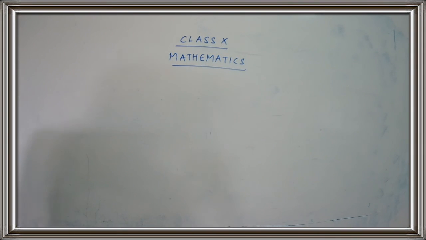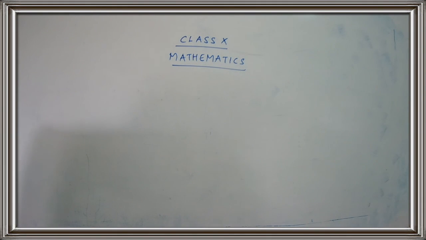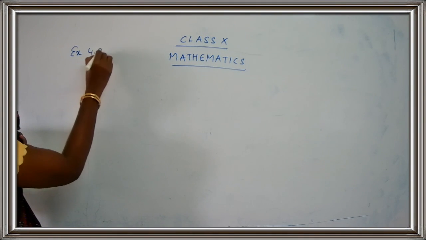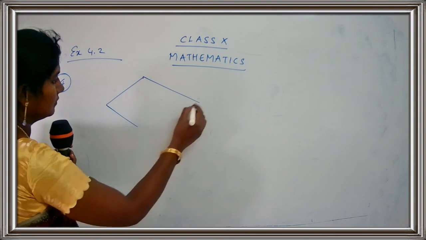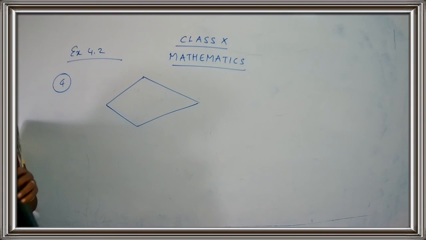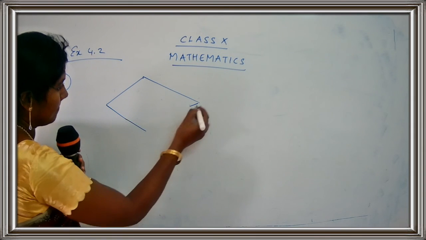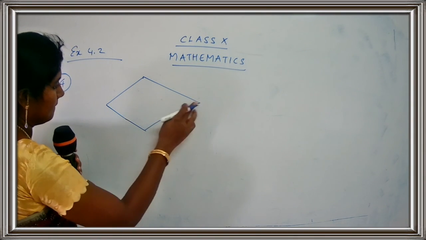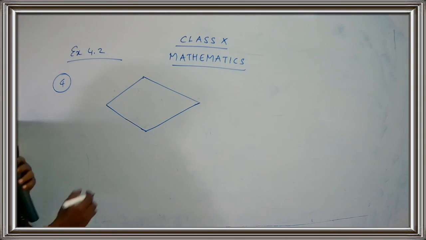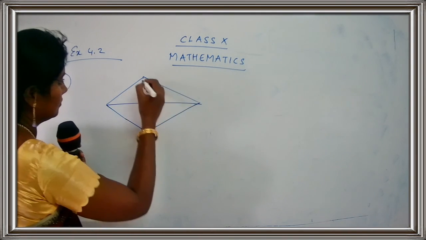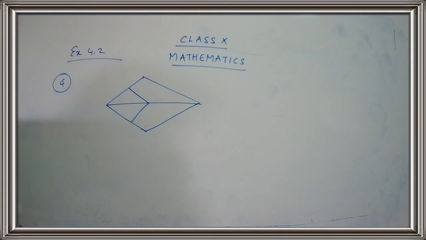Draw the figure neatly. You have to use your scale and pencil. No one is just going to draw a rough figure. Be careful. So from exercise 4.2, we are continuing our fourth sum. Let's have a figure over here. What is the name given?